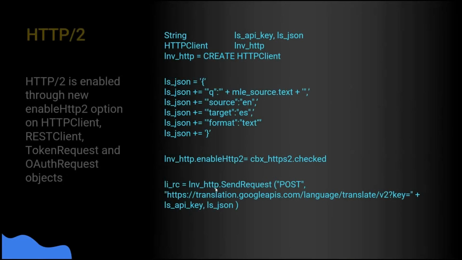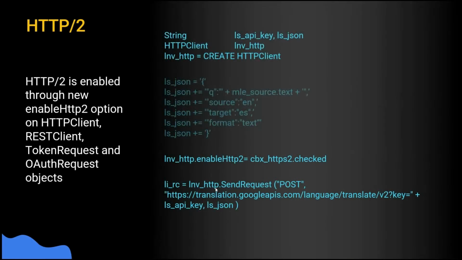Okay, the way we implement HTTP2 is on the HTTP client, REST client, token request, and OAuth request objects. There is a new enable HTTP2 property. True or false, it defaults to false, but if set to true, then it will use HTTP2 for the request.